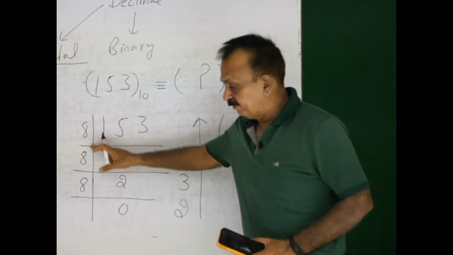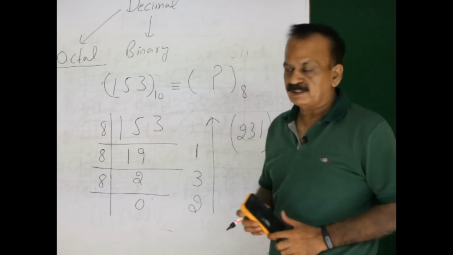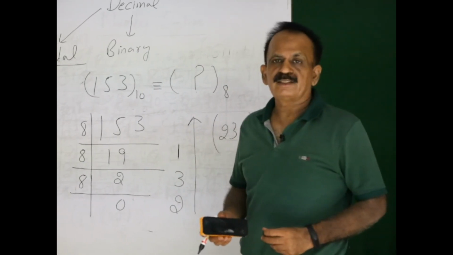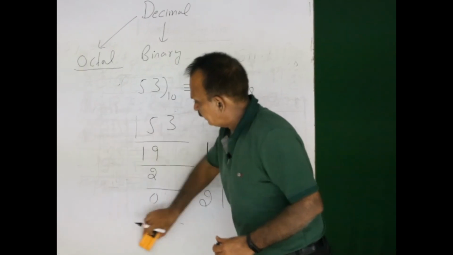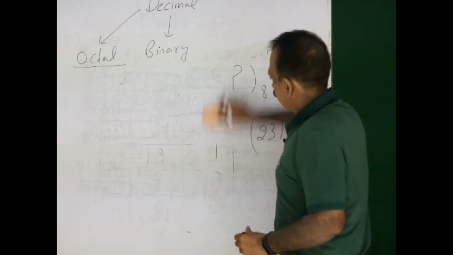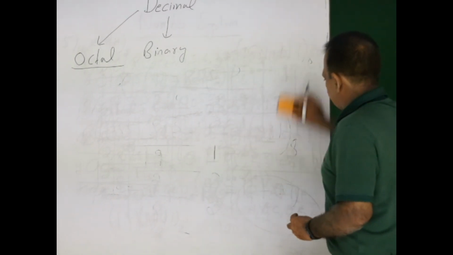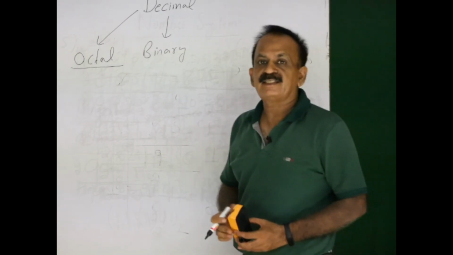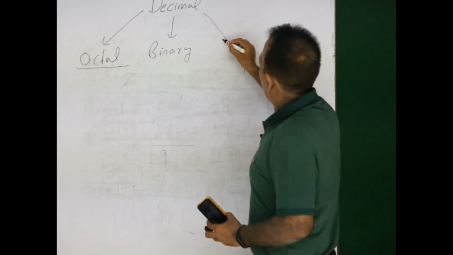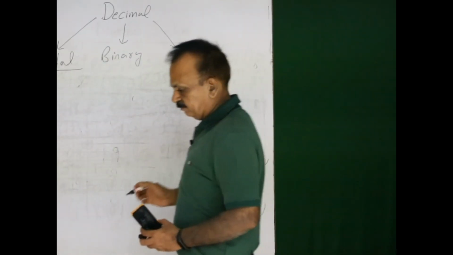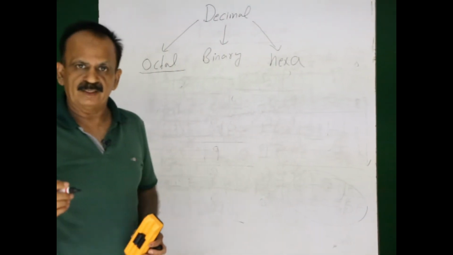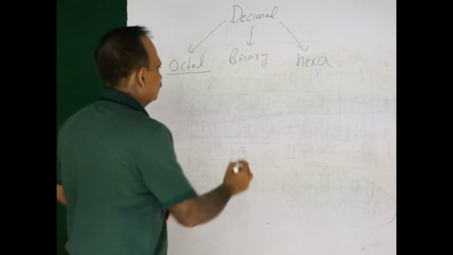Here I divided by 8 because the base of the octal number system is 8. That means, if I want to convert to hexadecimal, I should divide by 16. If I want to convert a decimal number to hexadecimal, I have to divide it by 16.